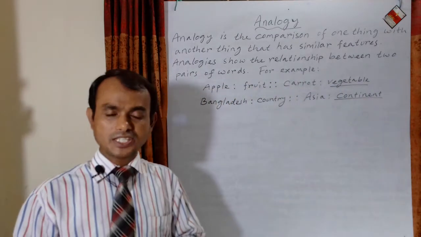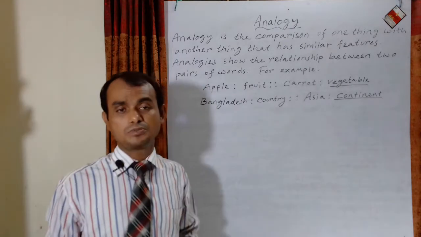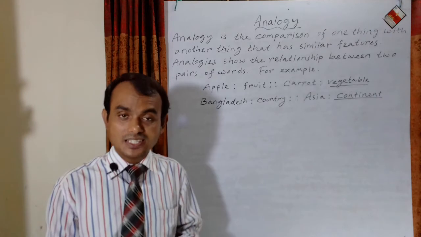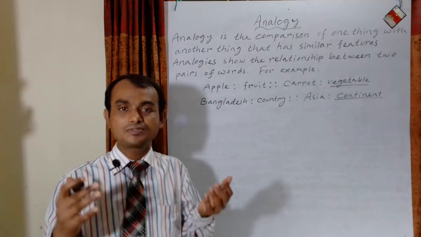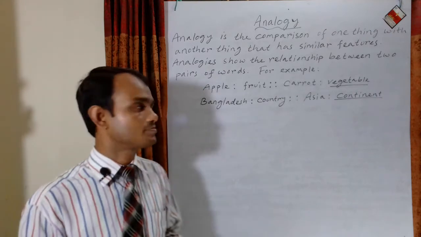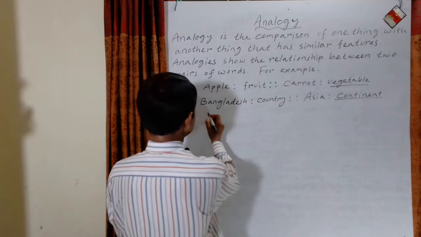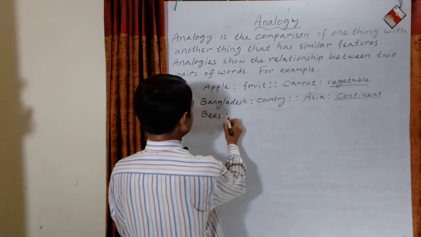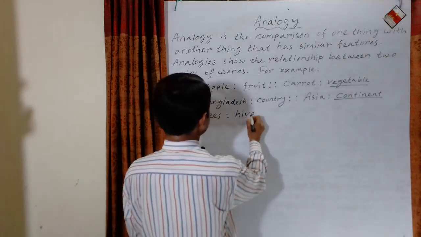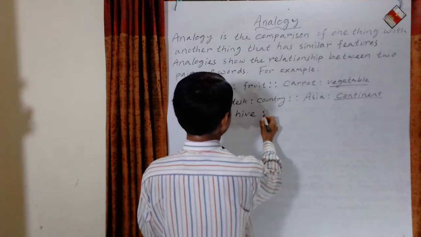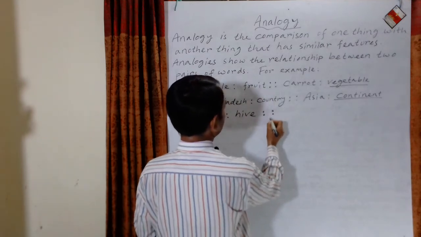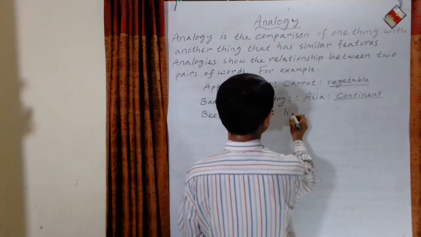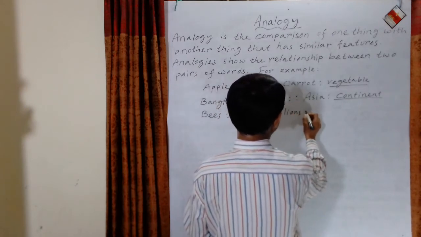Dear students, you have to find out the relationship between two things. Bangladesh is one kind of country. Asia is one kind of continent. Okay, for example, bees, hive, lions, what?